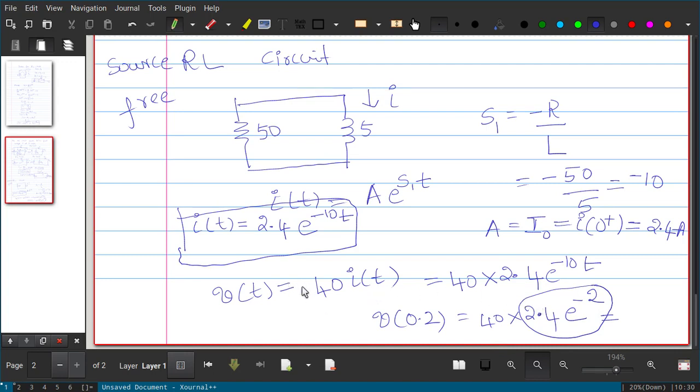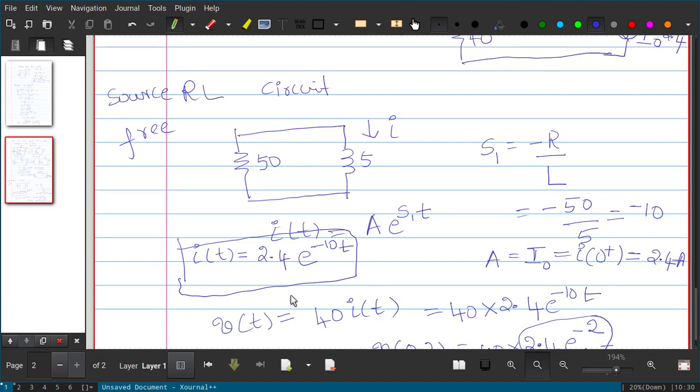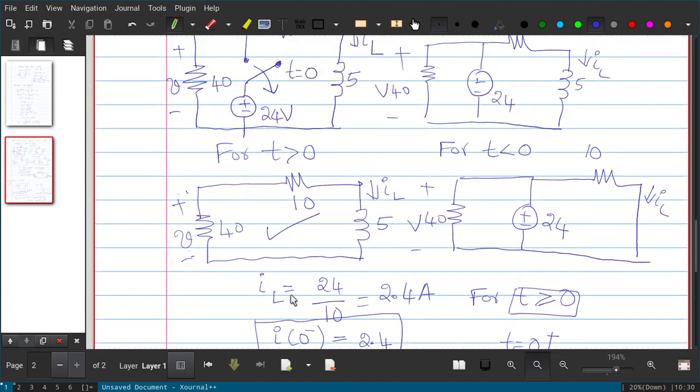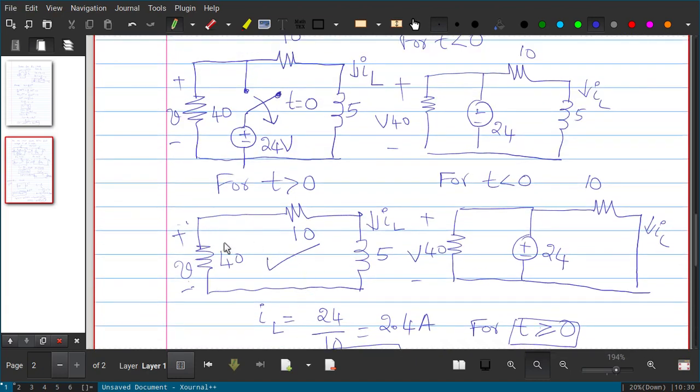This V of t, we should be very careful about the sign. Just see the sign convention. Current IL is flowing like this. This is the current I direction. The voltage we are measuring has plus and minus like this.